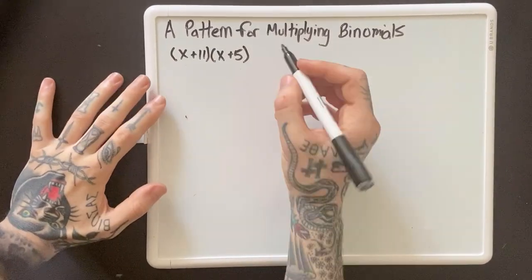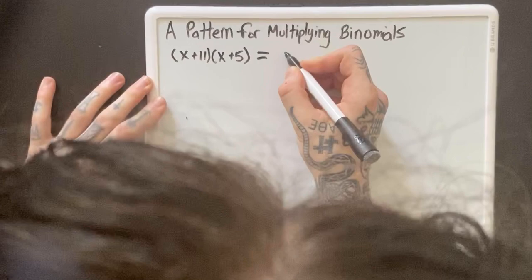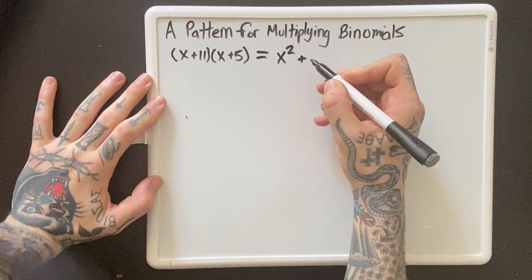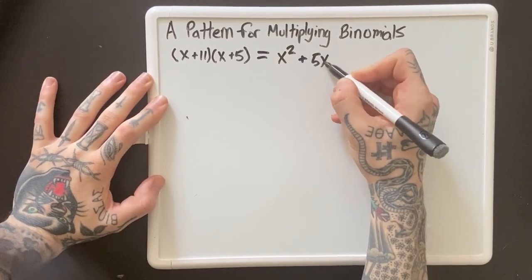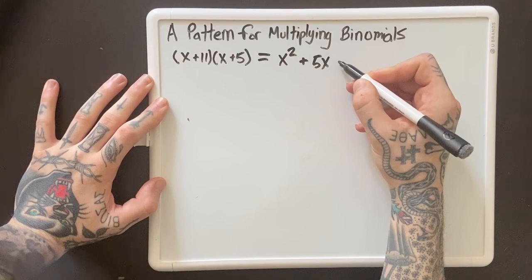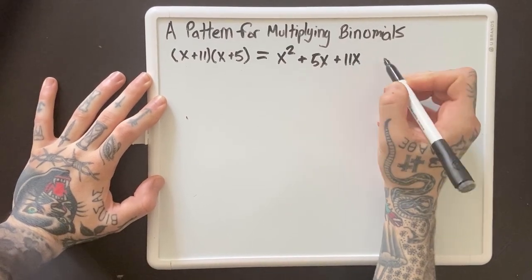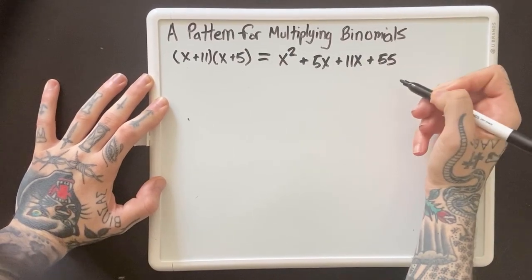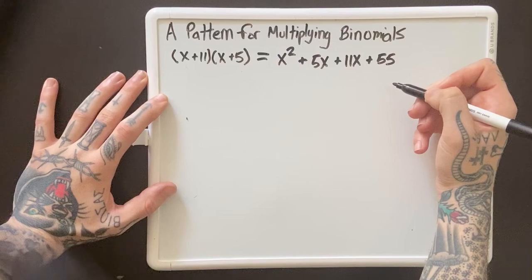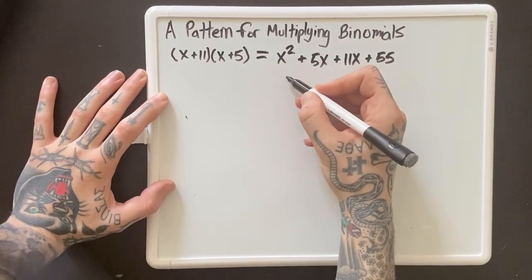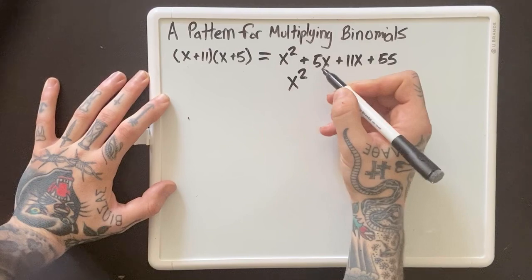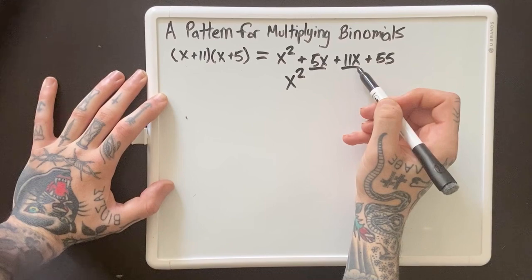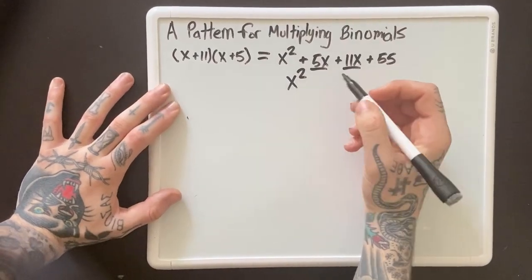According to the FOIL method, we get x squared for our F, plus 5x for our O, plus 11x for our I, plus 55 for our L. And then the next step is we combine like terms, which we have 5x and 11x because we need the same variable part for them to be like terms.